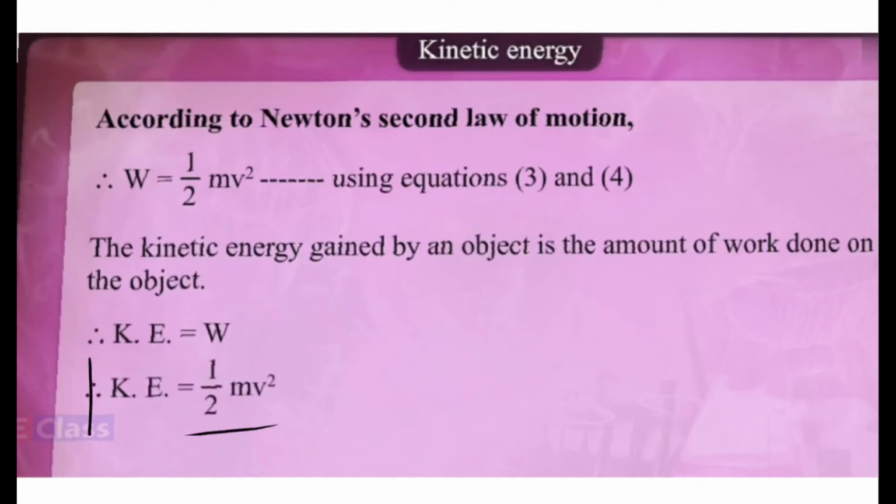So please write down this formula on the last page of the notebook. Kinetic energy is equal to half mv square. You can use the short form K.E., where K and E are capital letters, for writing kinetic energy.